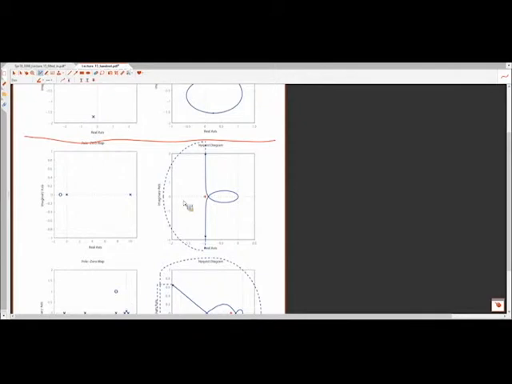Okay, so adding these up, we have one way to consider the number of poles in the right half plane of the open loop system. If we do Z is equal to P minus N, we have 1 pole in the right half plane. It's right here in the open loop system. So the open loop system is definitely unstable, because we have a pole in the right half plane.